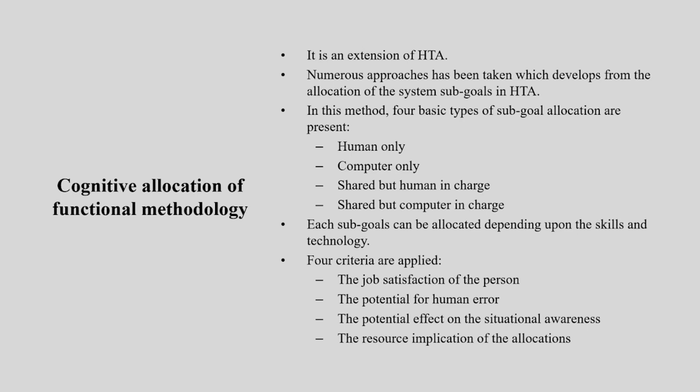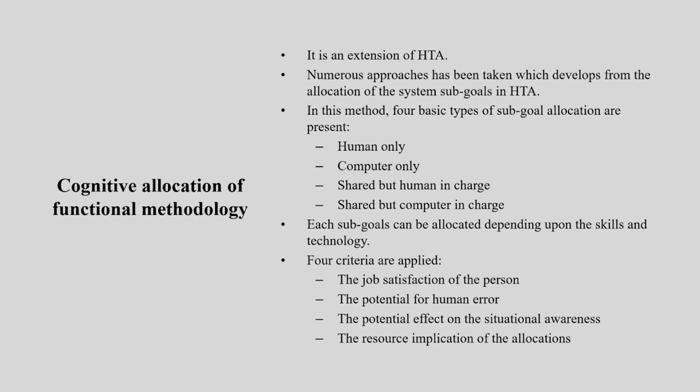Okay. So, somewhere the system is completely by human, completely by computer or the machines. Some cases are shared with the other counterpart, like machine and human, machine or computer, but the main charge is taken by the human. And the fourth one just opposite, where the computer is the major, and however there is a share which is taken by the human. Okay, so it's a shared thing, however majorly done by the computer.